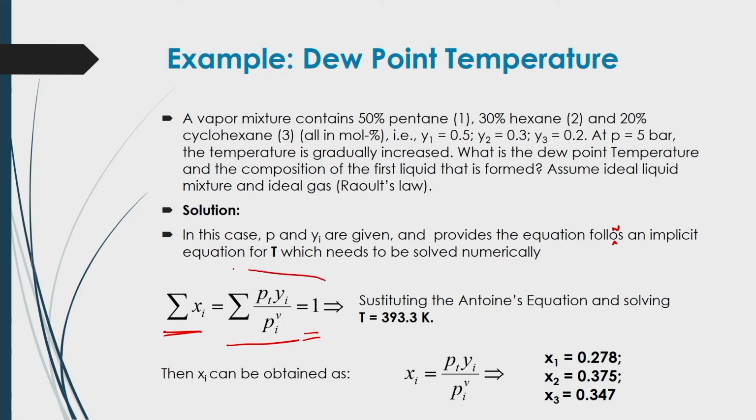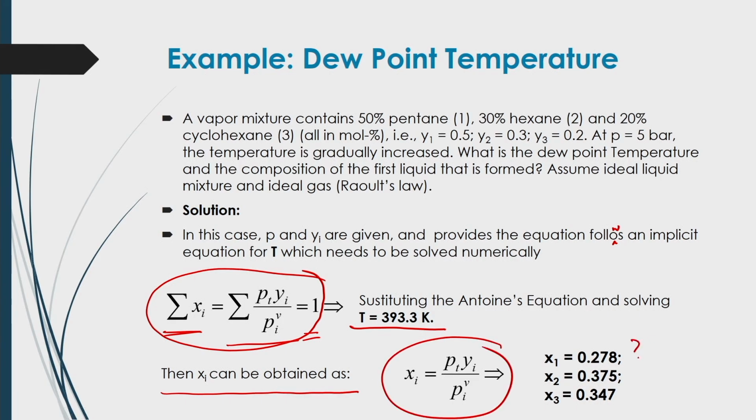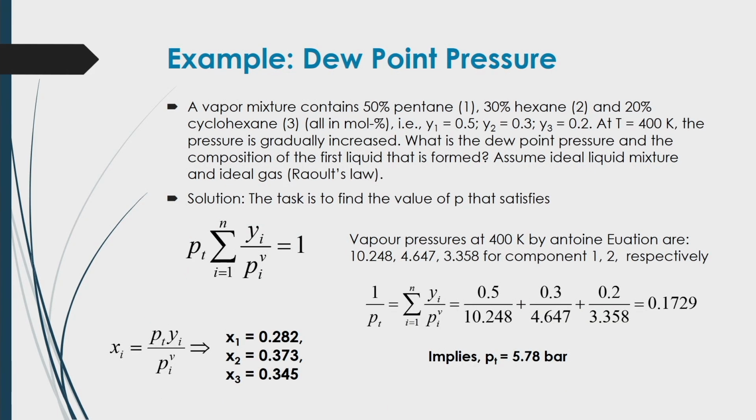Now, at which temperature you get this equality equal to 1, after substitution of Antoine's equation you will see that you have to solve for temperature T, and then it is coming 393.3 K. So, this is your dew point temperature. Now, this xi can be obtained from this relationship, which will give you the respective composition for components 1, 2 and 3.